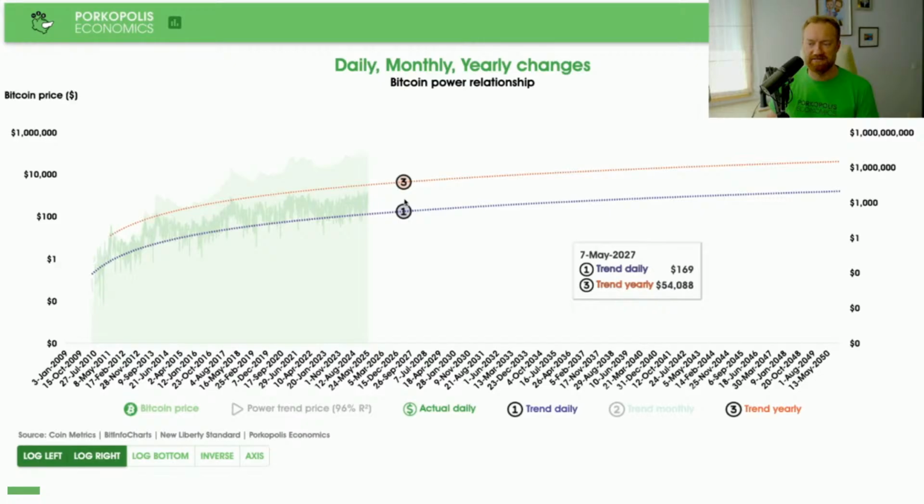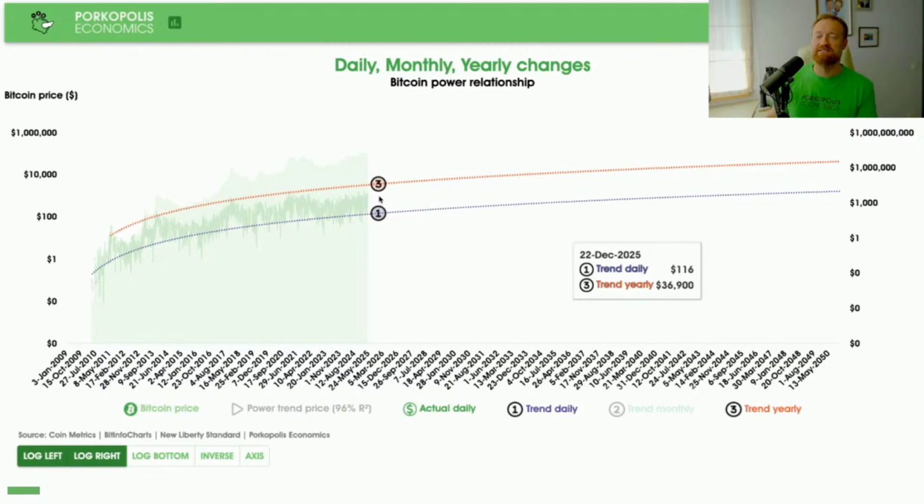So I would suspect. So this is very interesting. Now let's assume that the Bitcoin daily actual price at the end of 2025, at least for one day, could hit the yearly change of the trend line.